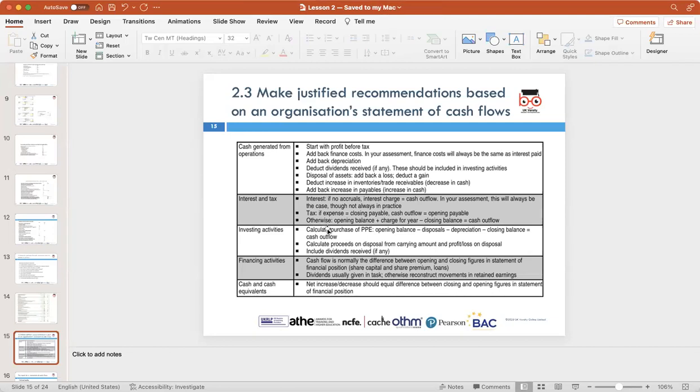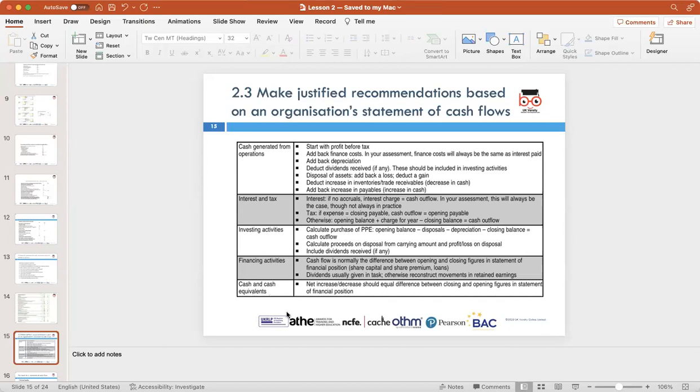Tax is the expense less closing payable, cash outflow is opening payable plus expense less closing payable. For investing activities, calculate purchase of PPE using the opening balance, disposal, depreciation, etc. Financing activities: cash flow is normally the difference between opening and closing figures in the statement of financial position. Dividends are usually given in the task, otherwise reconstruct the movement in retained earnings.